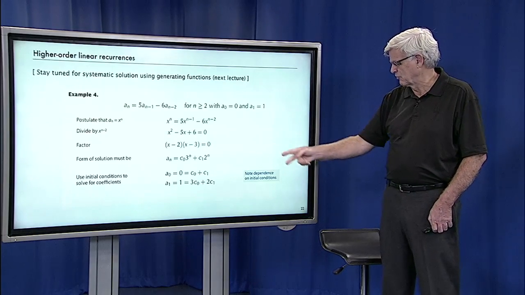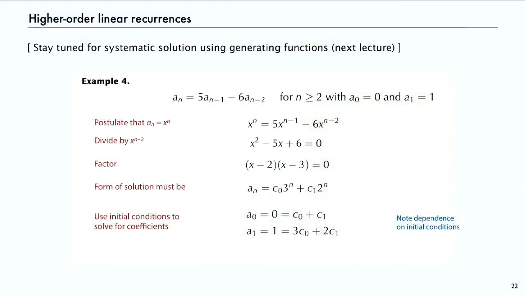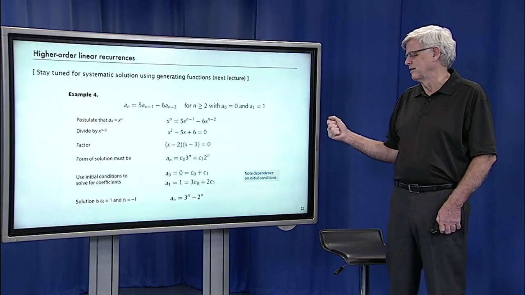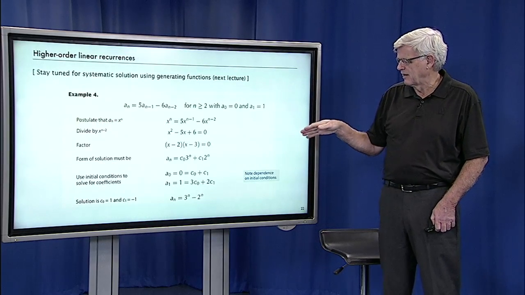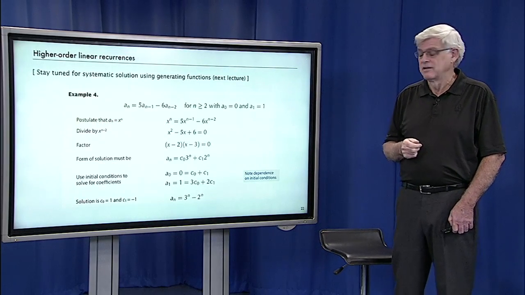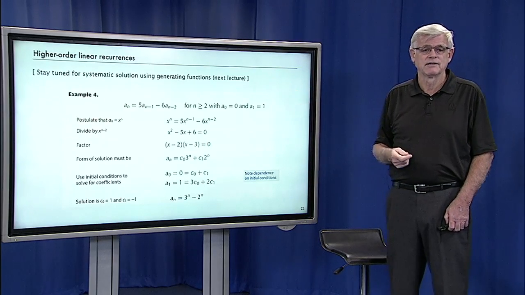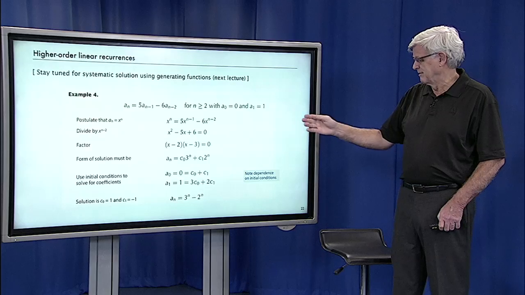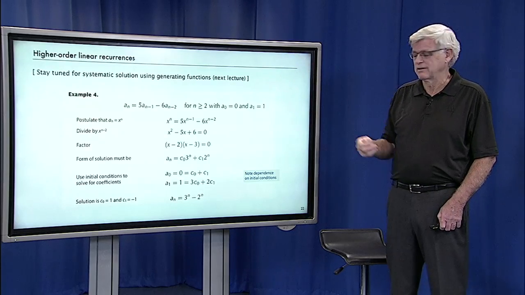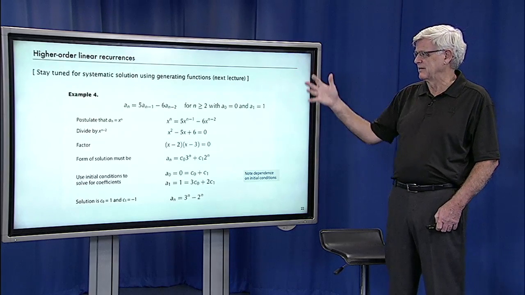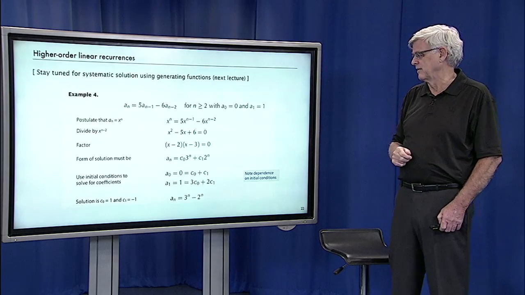So those are simultaneous equations in C0 and C1, and then the solution is C0 equals 1, C1 equals minus 1. 1 plus minus 1 is 0. 3 times 1 plus 2 times minus 1, 3 minus 2 is 1. And then that's the solution. A sub n equals 3 to the n minus 2 to the n is a solution to that equation. You can plug it in to check that that's the answer, but that definitely works in this case.